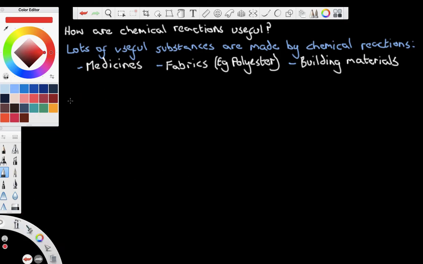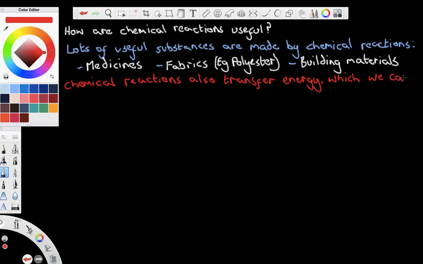So we can say that chemical reactions also transfer energy, which we can use in various processes.